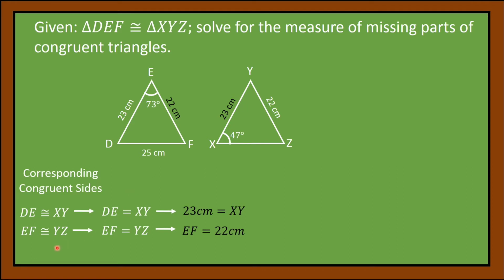Next, last corresponding congruent sides ay side DF is congruent to side XZ. It means that side DF is equal to side XZ. Tingnan natin ang ating figure. Ang DF measures 25 cm.